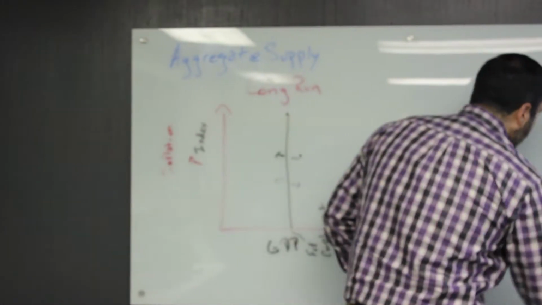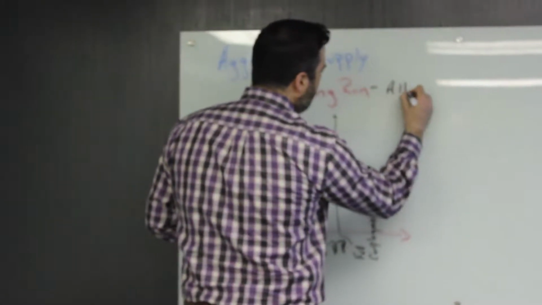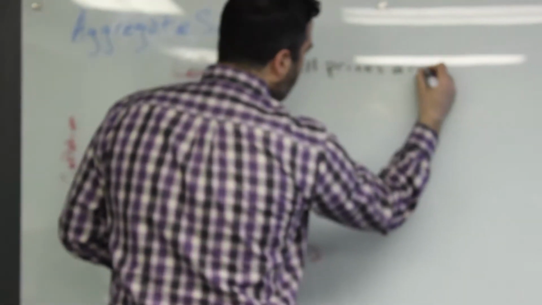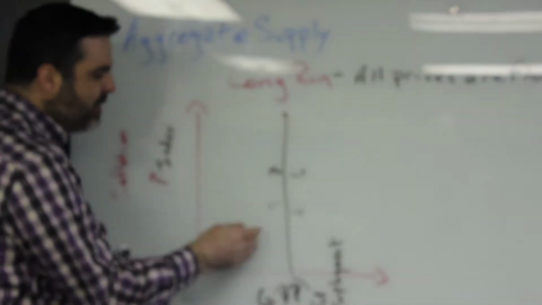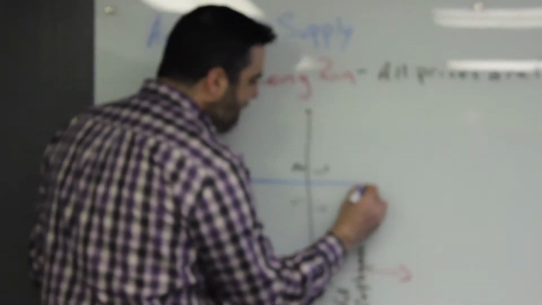See, in the long run, all prices are flexible. And that means that we can move everything that needs to move, and we end up moving all the prices that we need to move to come to a place where we end up in full employment. But in the immediate short run, we end up in a place that looks like this.